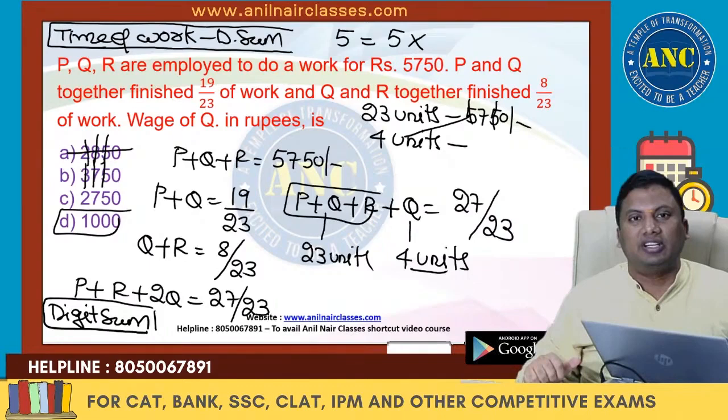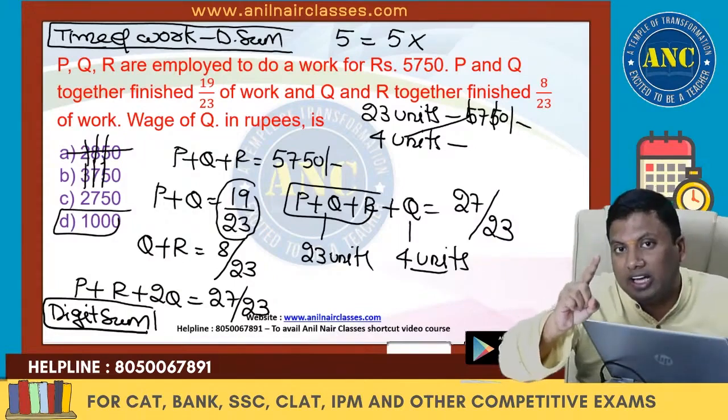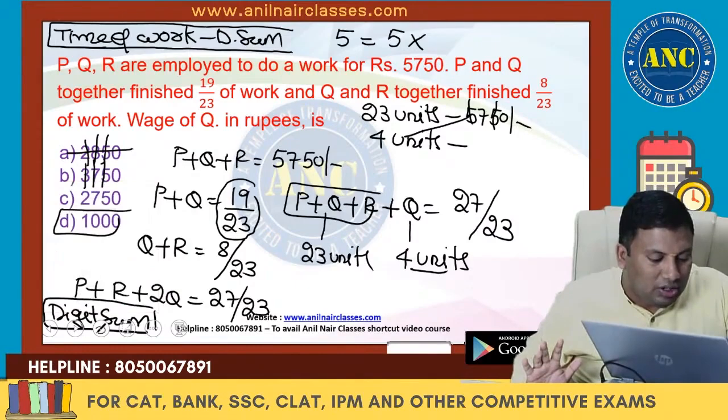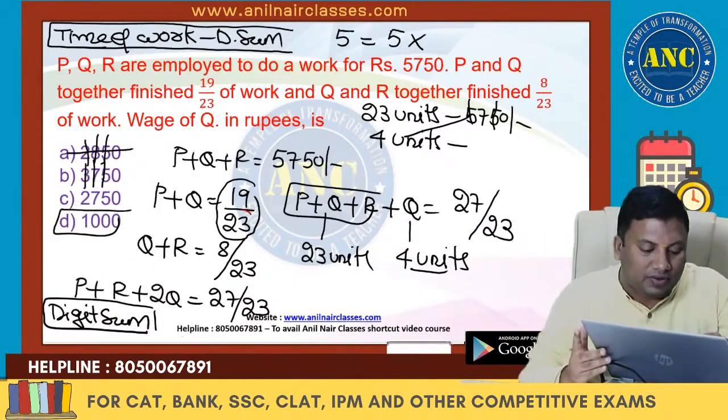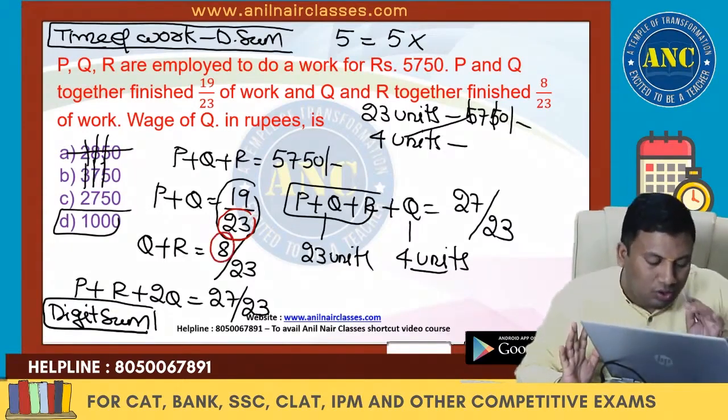There are three people, P, Q and R. Because these three people are working, they will get 5750 rupees, out of which P and Q will do 19 by 23rd of the work. I told you that the denominator is always the initial value. That means total units they work together is 23. P and Q will do 19. Q and R will do 8.